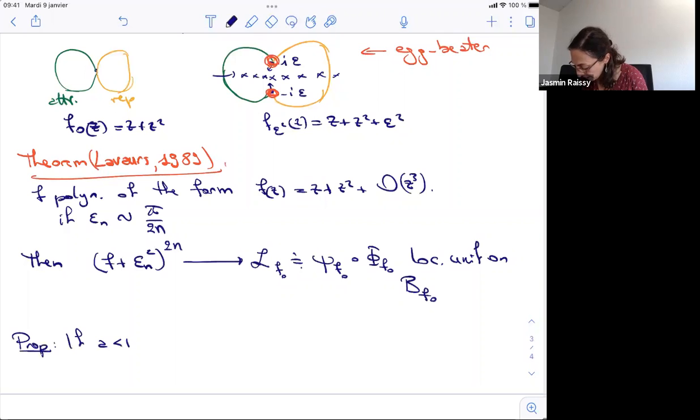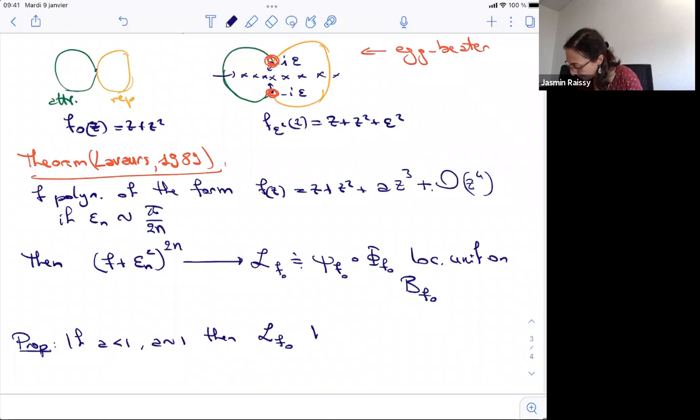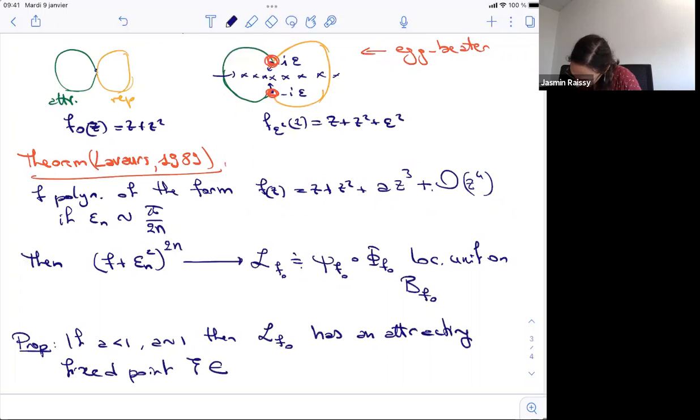If a is less than 1 and close enough to 1, then the Lavaurs map of F naught, so of this map, has an attracting fixed point, psi, inside the parabolic basin of F naught.